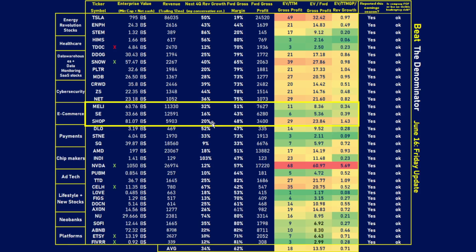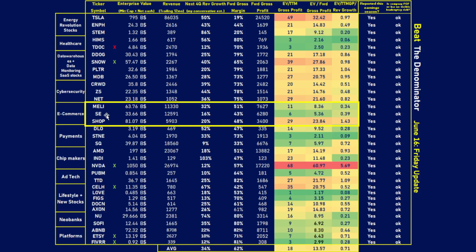So in other words, I find Shopify to be very expensive. I think this also may have a lot to do with the fact that Shopify is a Canadian company, so a lot of Canadian funds want to invest in Canadian stocks, and that may be one of the reasons why Shopify is my least favorite of the hyper growth stocks out of these three. I may be proven wrong. I don't know, but it's my least favorite.